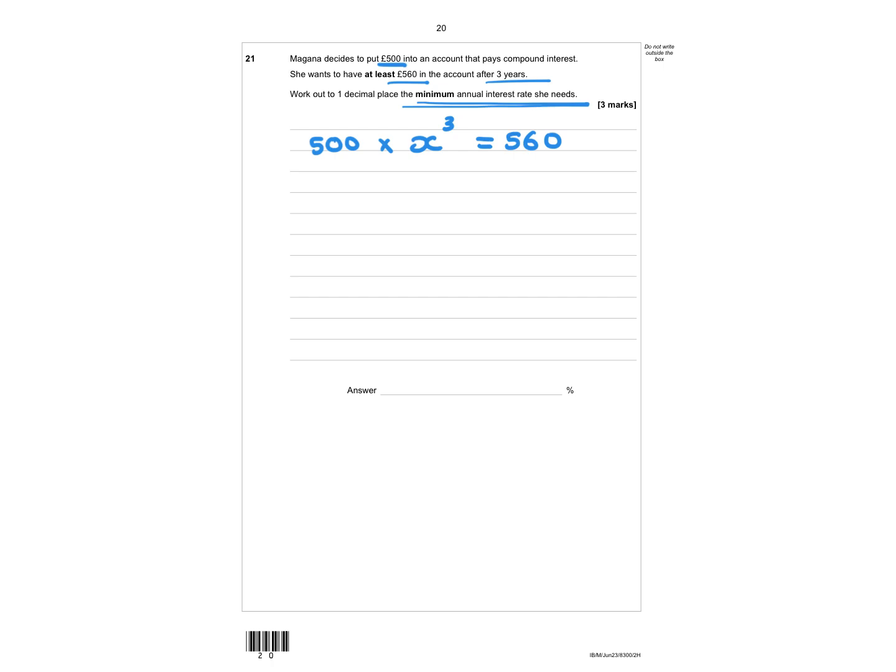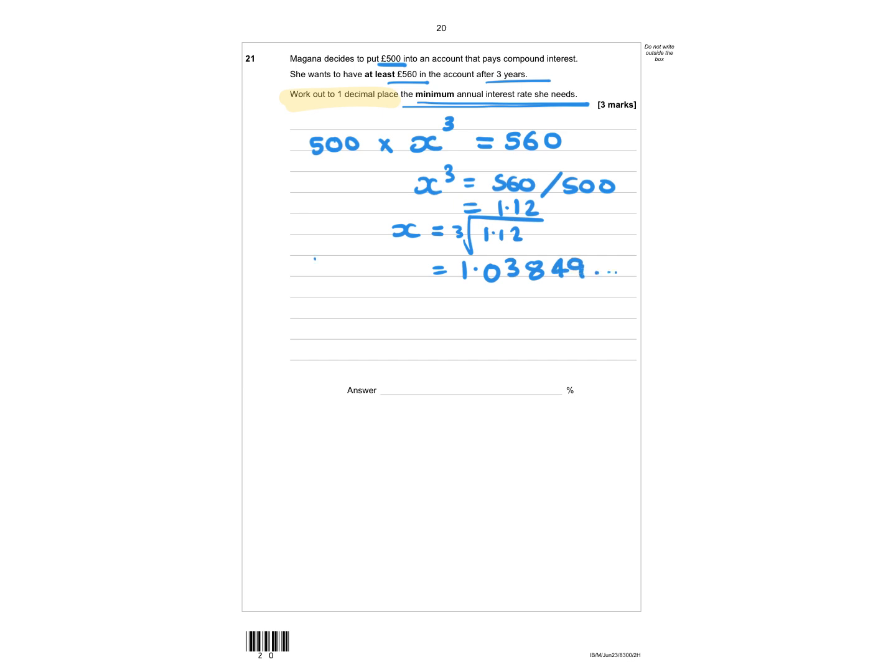And remember, the question says work out to one decimal place. So I've simply got to solve this equation. So x cubed is going to equal 560 divided by 500, which comes to 1.12. And then x, which is my multiplier, is going to be the cube root of 1.12, which if we work out that cube root, it's 1.03849... So that's my percentage multiplier.